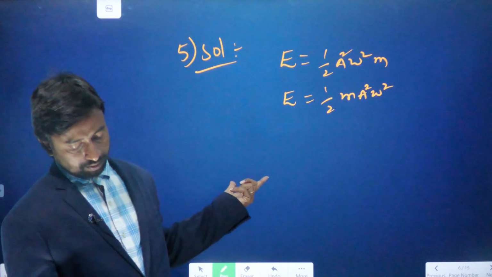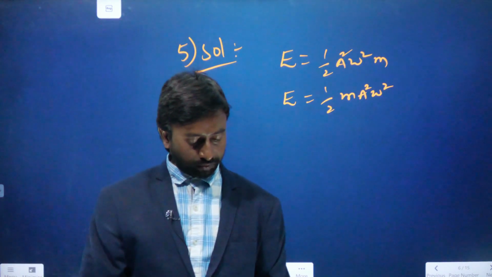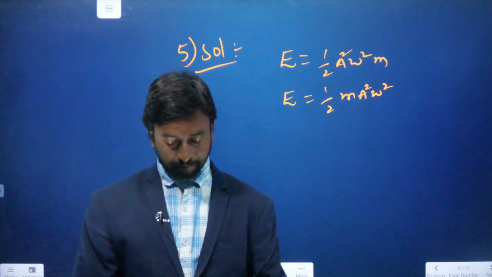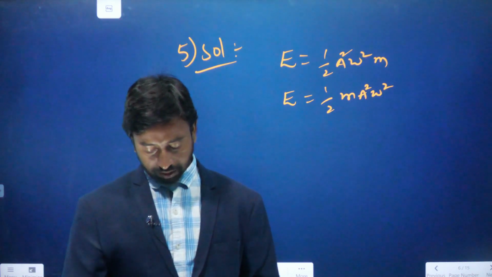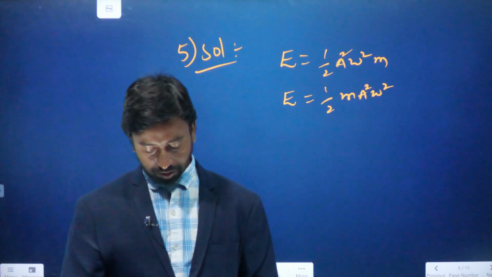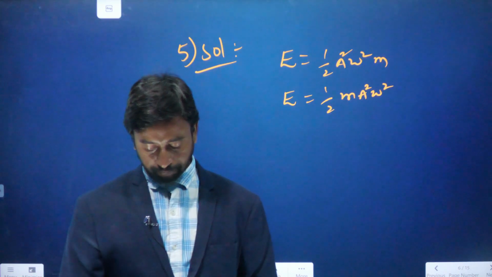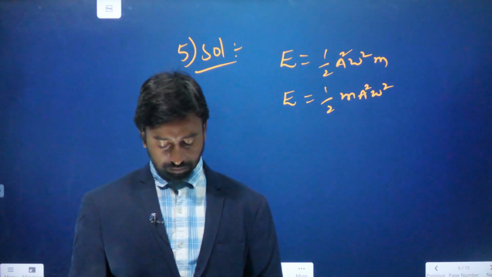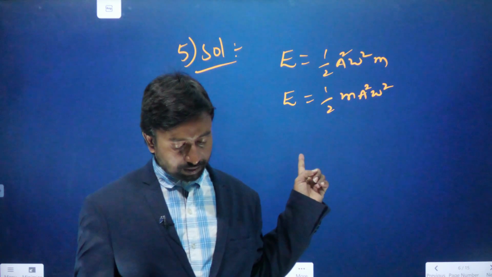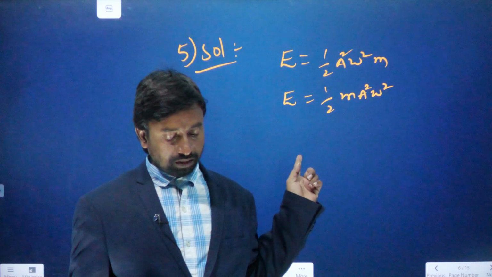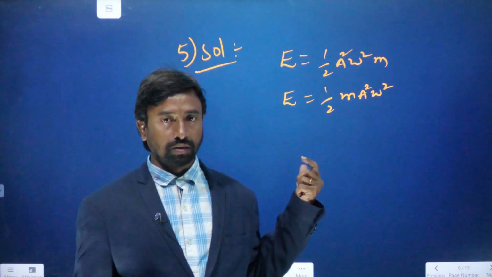In the concept based questions, the fifth problem is the same as the ninth problem. There we found the y value, the displacement value, and here we need to find the velocity.